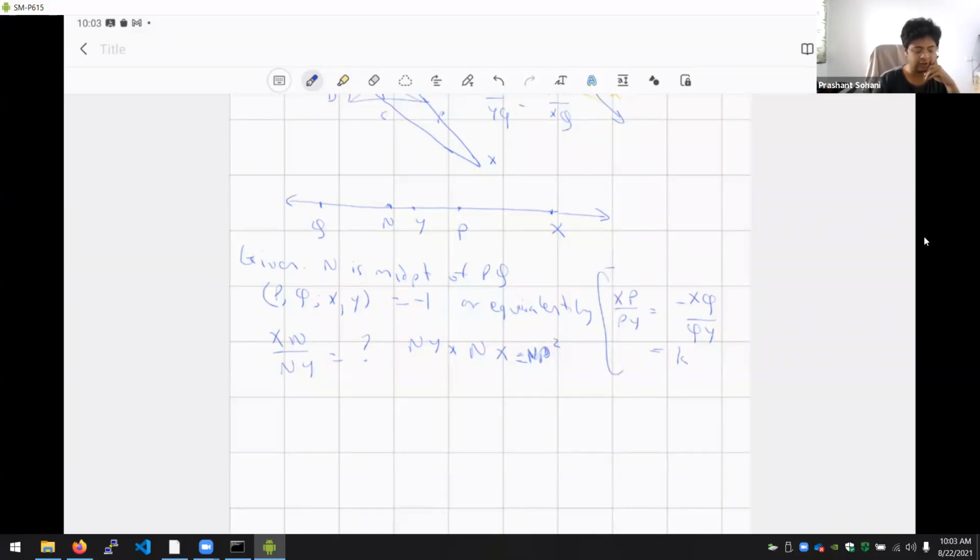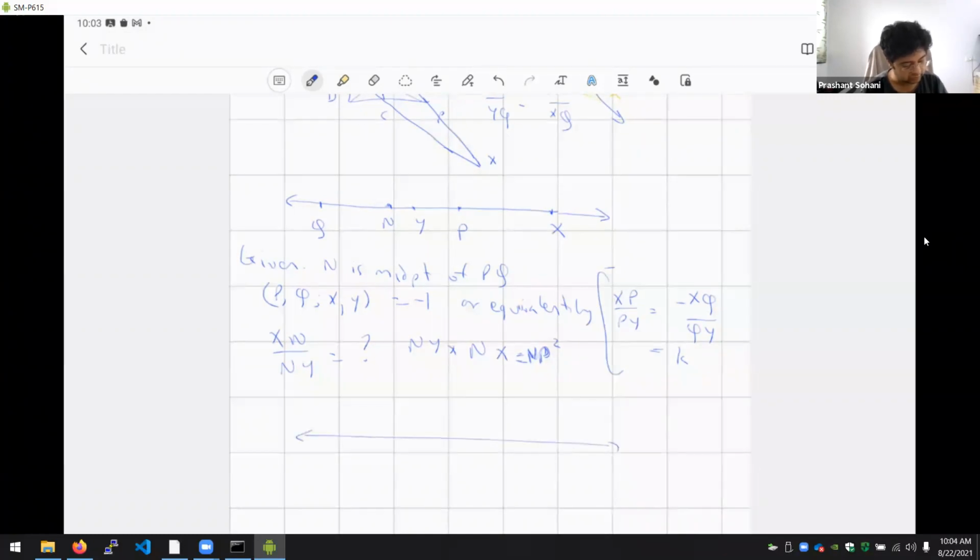So, if you think about it carefully, if I give you this number k, that is enough to draw the whole diagram uniquely. Because what will happen if you consider starting from the points X and Y?